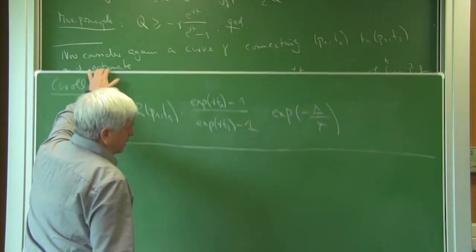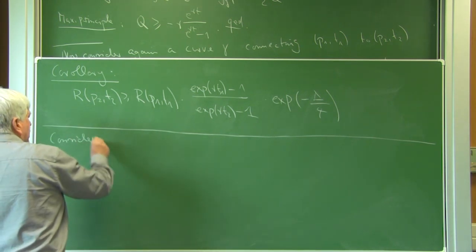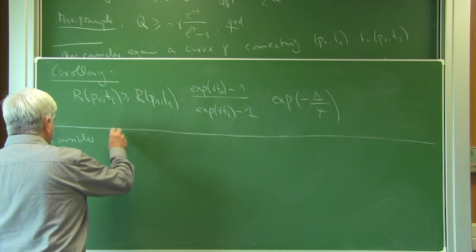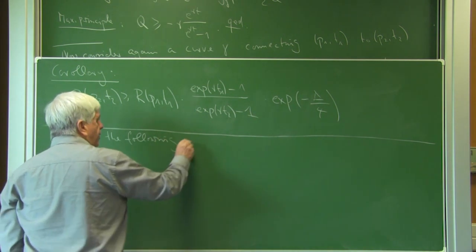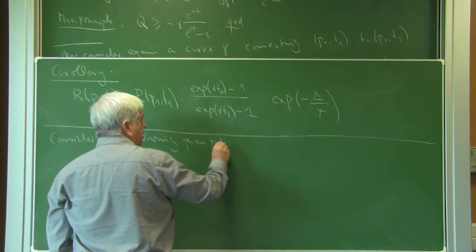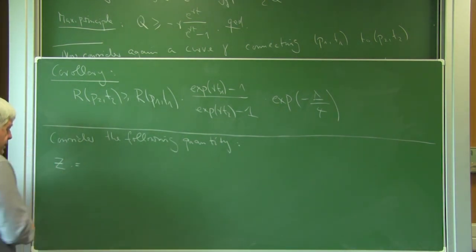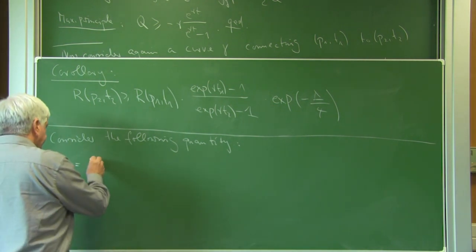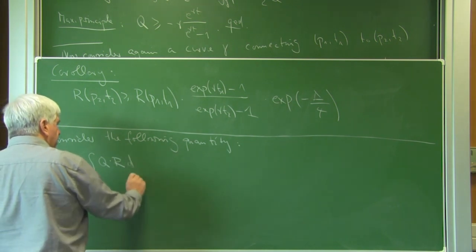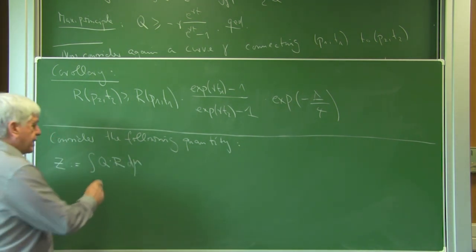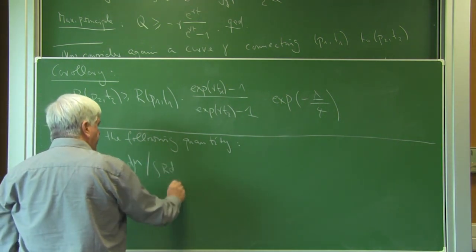So here's the result. Consider the following quantity. Consider a function, a quantity that Hamilton calls z, and this is the integral of q, Q is the thing we just included, times r, where r is the scalar curvature, and we divide this by the integral of r d mu.